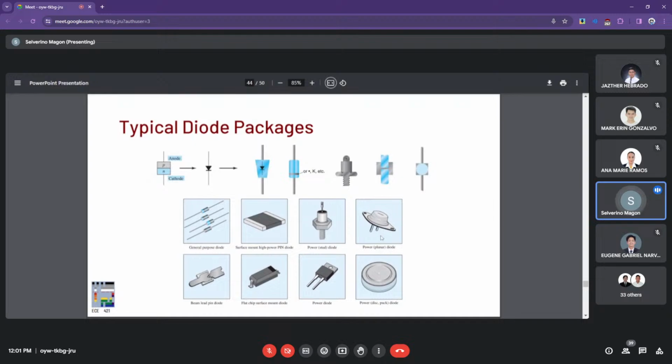For higher power applications, you can notice that there are some even bigger bulks of metallic conductors available for designers. So again, this is for heat sinking mechanisms, no? There is a huge metal provision to facilitate better transfer of heat from the device to the outside. So that's heat sinking design principles.